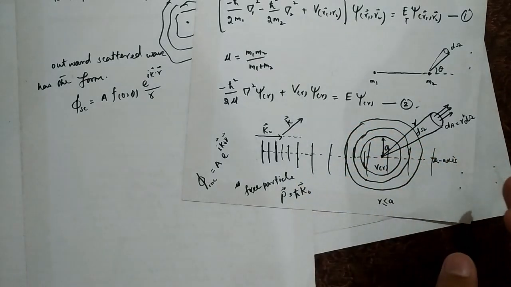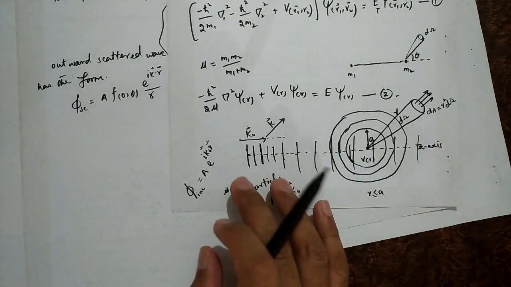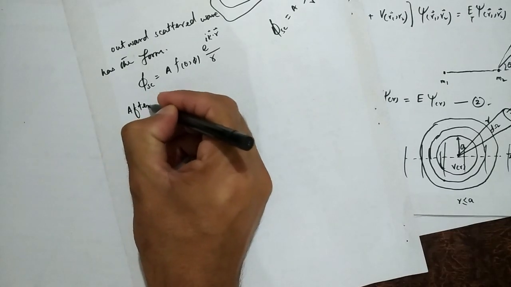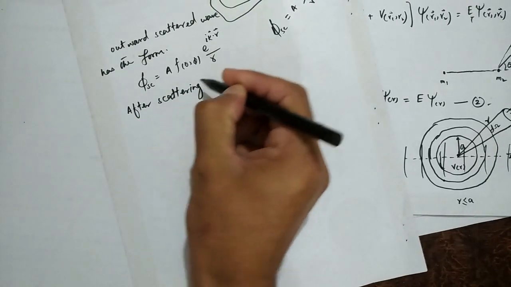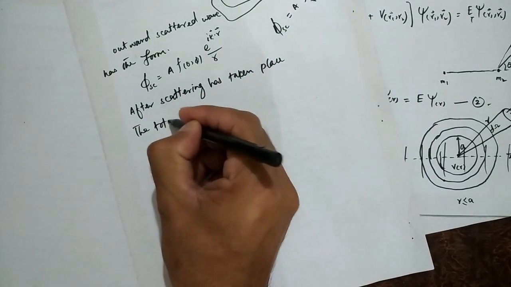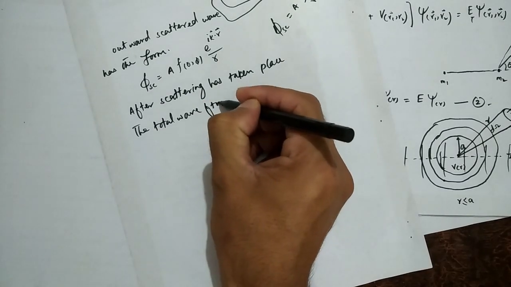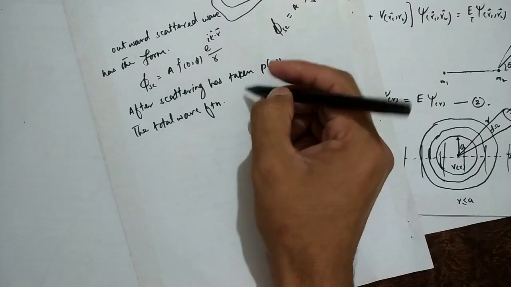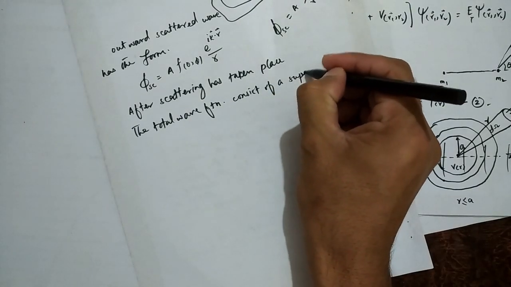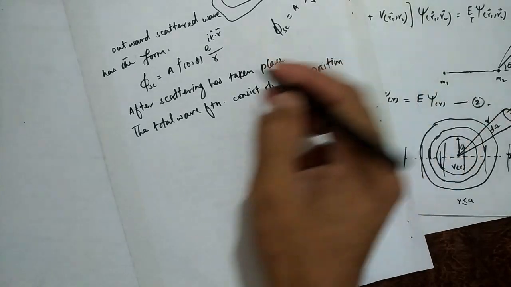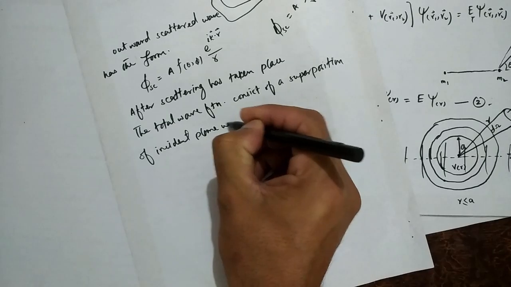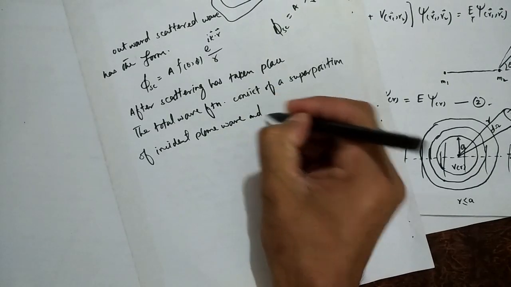So after scattering has taken place, as you can see in this figure, the total wave function consists of a superposition of the incident plane wave and scattered wave.